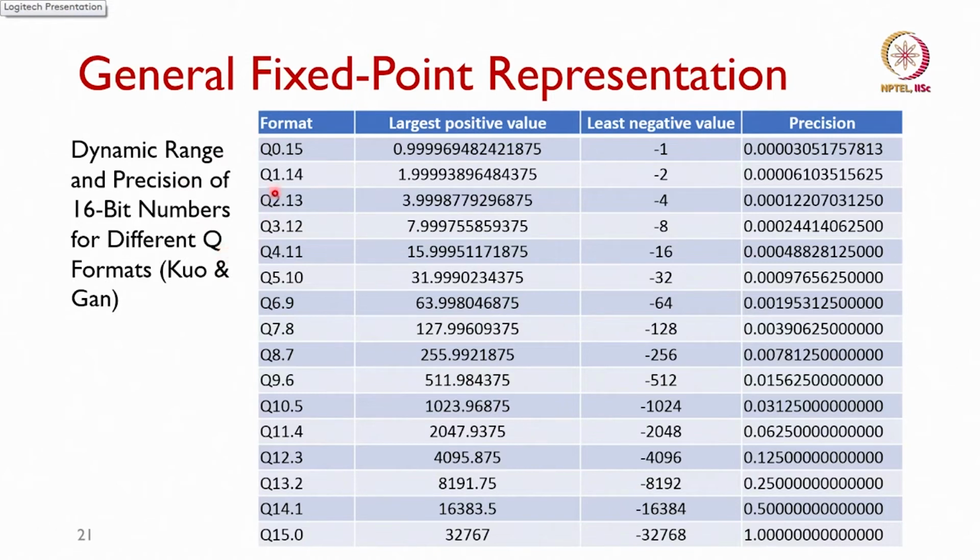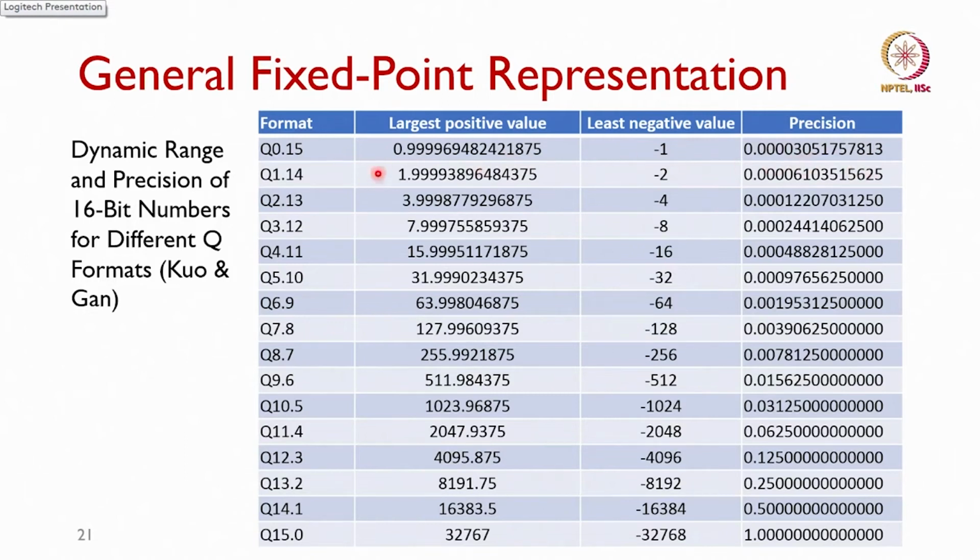Here if I give Q0.15, I know that all the 15 bits are used for the fractional number. The largest positive value I can represent is 0.999, and the least negative value is going to be minus 1, and the precision I get is represented with this number.